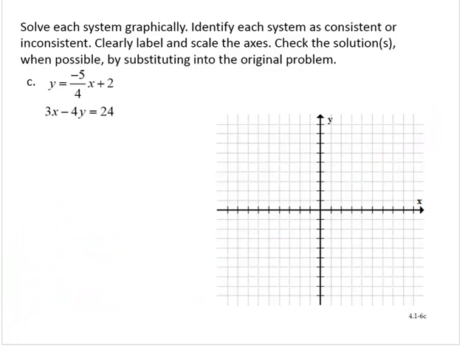All right, let's look at one more. y equals negative 5/4 x plus 2, and 3x minus 4y equals 24. So again, I'll graph the first line in blue. Negative 5/4 x plus 2. So I get my scale on the grid.